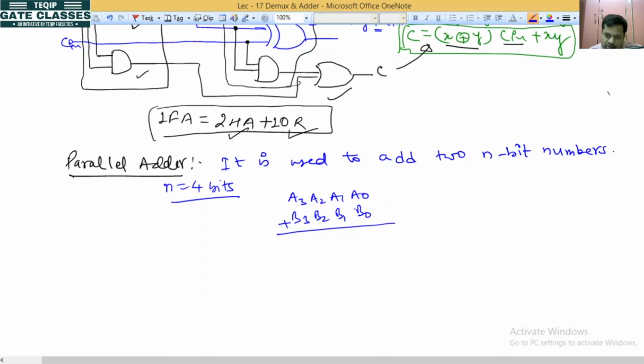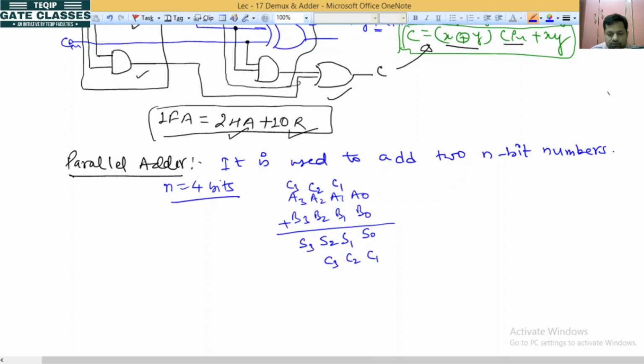So whenever you are going to add A0 plus B0, suppose we got S0 and C1 as carry. This carry will be added here to get S1 and carry C2. So this C2 again we get to add. In this we will get S2 now, and we got C3 carry, so C3 will be added here.